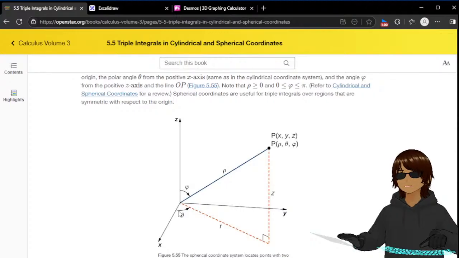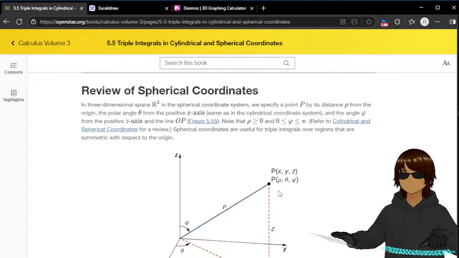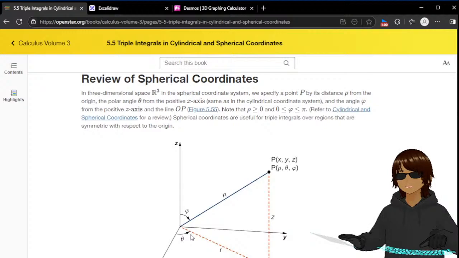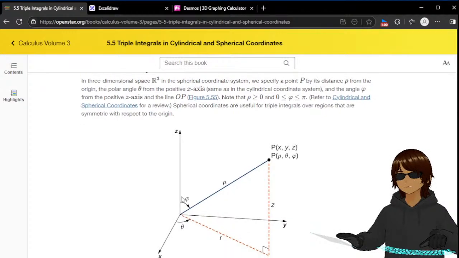Here in spherical coordinates, we have phi, no, rho. This is rho, right? Rho, which is the distance between the origin and the point. Then we have theta in the xy plane, and then phi. So theta is from the x-axis, and this phi is from the z-axis.